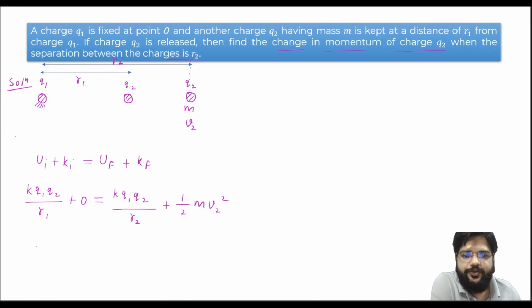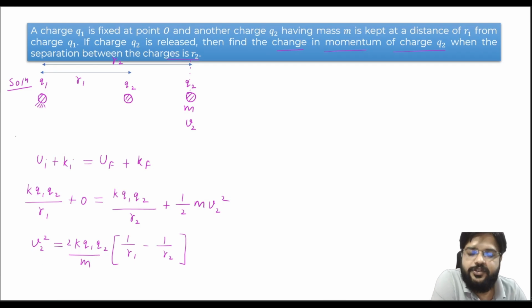So now let's see what we can do. V2 square can be written as what? K Q1 Q2, I am taking common here. So K Q1 Q2 (1 by R1 minus 1 by R2), and 2, and in the denominator we have m.